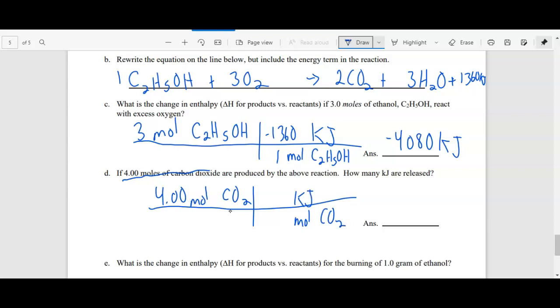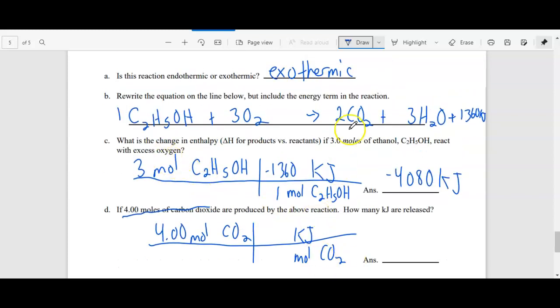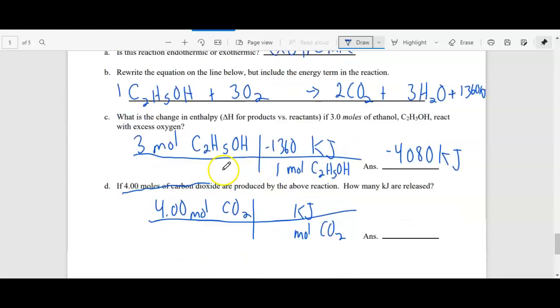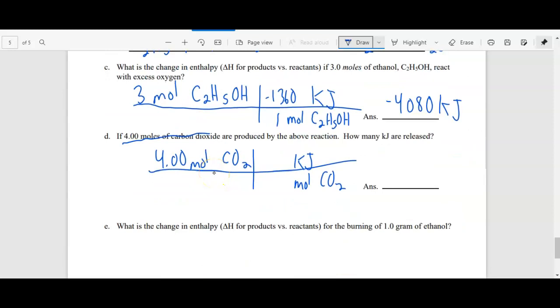And then what we have to do there is set up our numbers based on the equation. For CO2, it's 2 moles. That's what we had in this question up here, or in the equation provided. So that's 2 moles of CO2 will release negative 1,360 kilojoules. I'll write my number 2 here, and then negative 1,360.